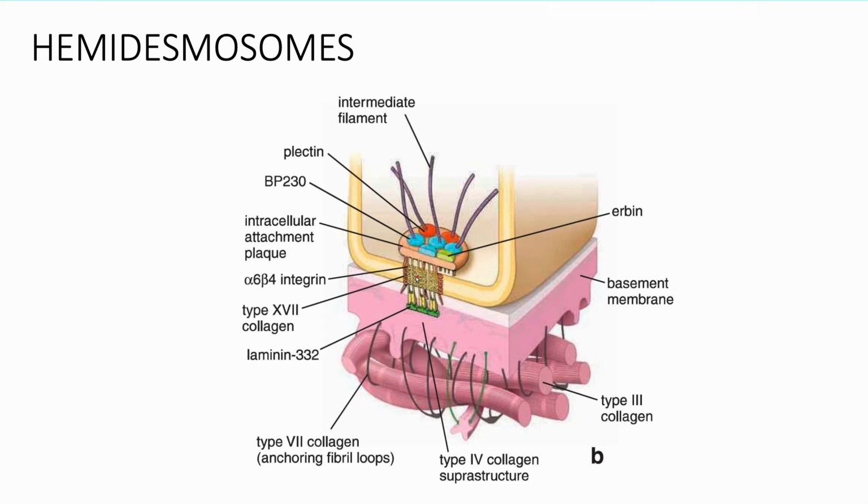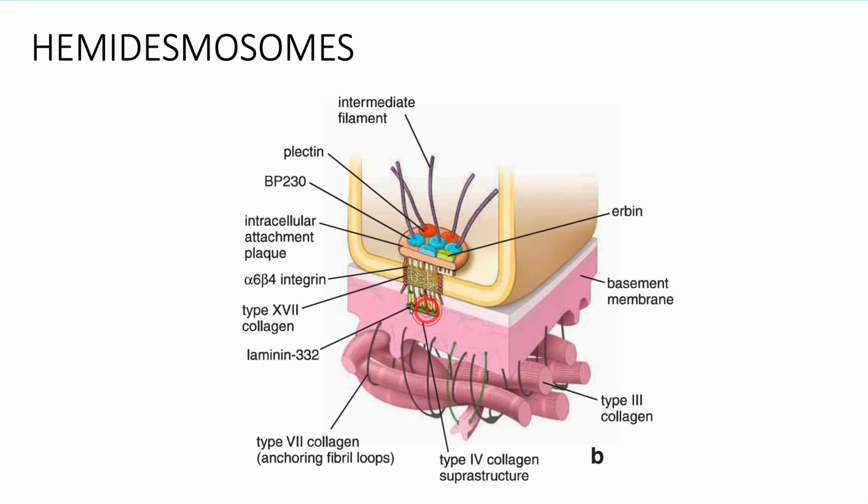We can see multiple components over here. One of them will be alpha 6 beta 4 integrins. You can see the integrins over here in somewhat yellow color, and the extracellular domain of these integrins will enter into the basal lamina. This is the basal lamina in this diagram, and it interacts with type 4 collagen, and this type 4 collagen will contain laminins, laminin 332, that is shown over here.